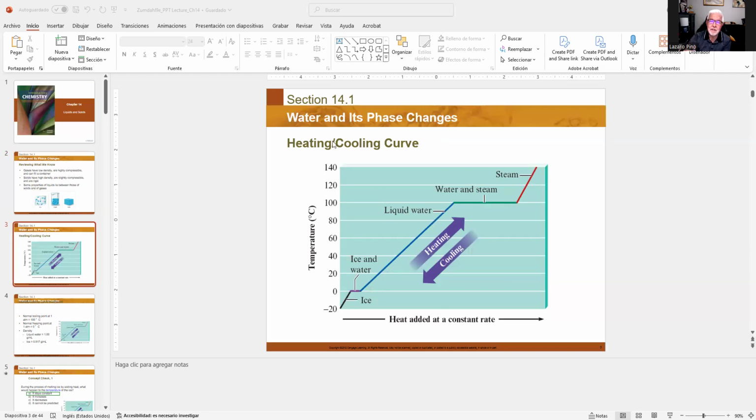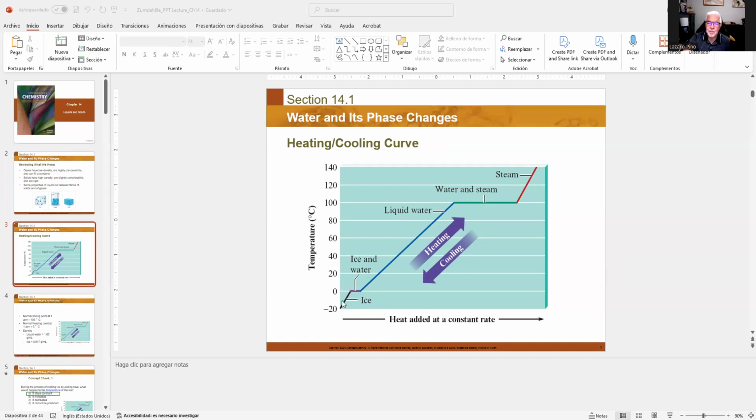And here is the water heating cooling curve. I want you to see that this curve has in the y-axis the temperature, while you have in the x-axis the heat that is added every certain time.